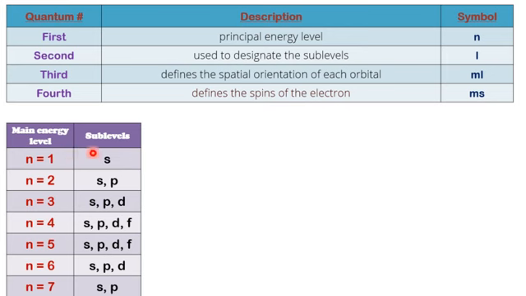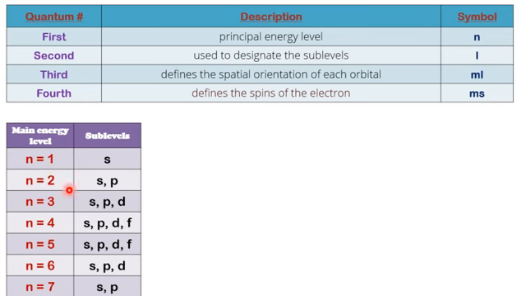And as you can see on the right side of the main energy level, there are letters. What are these letters? These are what we call sublevels. If there are main levels, there are sublevels also. In the first energy level, there is only one sublevel, and that is s.